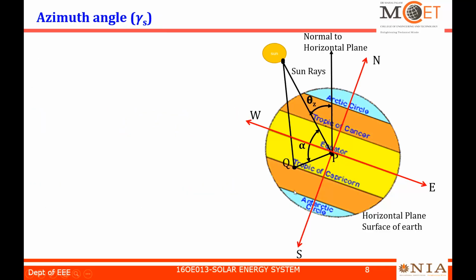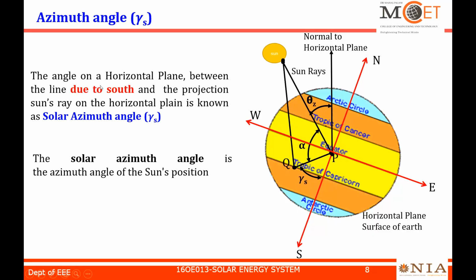Azimuth angle is the angle between the sun's projection on the horizontal plane and the line due south. So the angle on the horizontal plane between the line due south and the projection of the sun's ray is known as the solar azimuth angle.